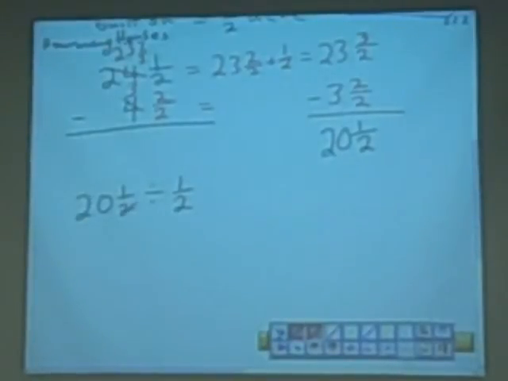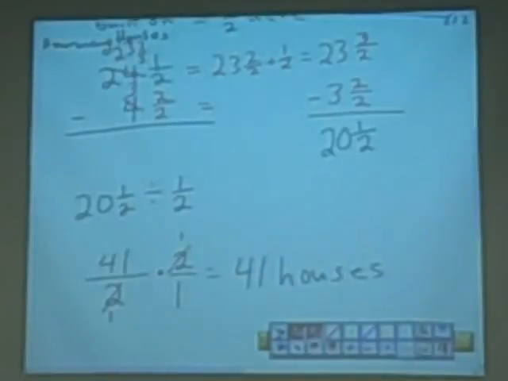So this would be 20 times 2 is 40 plus 1 is 41, right, over 2. And then here we can do what? Flip it. Flip and multiply the reciprocal, right? 2 over 1. Okay, and then what can we do? Cancel the 2's, right. And so we have how many houses? 41. 41 houses that we can build on 41 lots. Okay? Any questions with that?